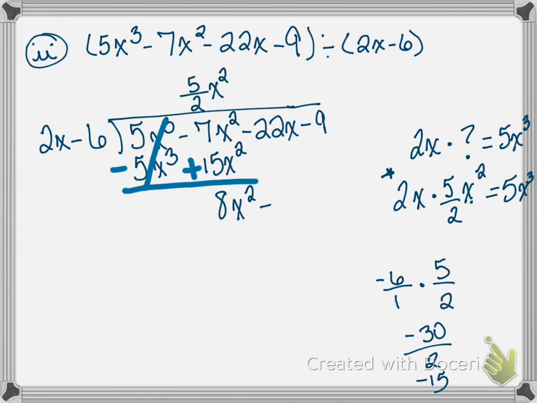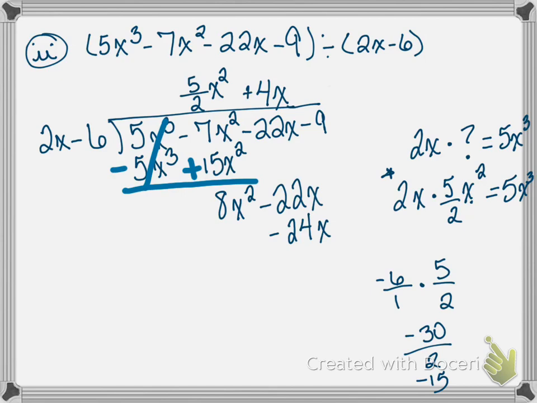At this point, students typically do okay. So I have 2x times what gives me 8x squared, and that is going to be positive 4x. Positive 4x times negative 6 is going to be negative 24x.